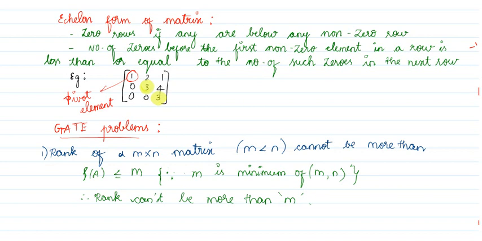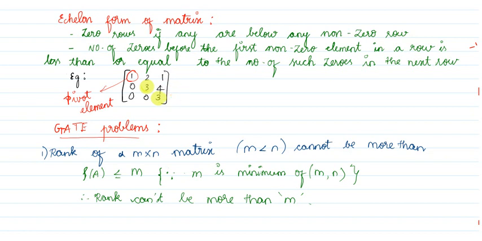The second row has 1 zero and the third row has 2 zeros. That is, it is less; either it should be less or equal. It should not be greater. If so, you can interchange these 2 rows.